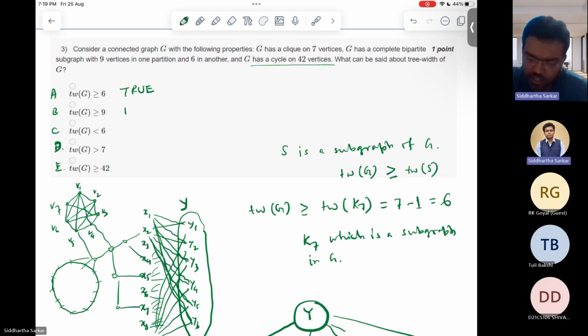When it says that G has a clique on 7 vertices, it means that there are 7 vertices in G such that each pair of them has an edge between them. So you can consider this as equivalent to saying that G has a subgraph which is a K7. Okay, all right. So all other statements turn out to be false.